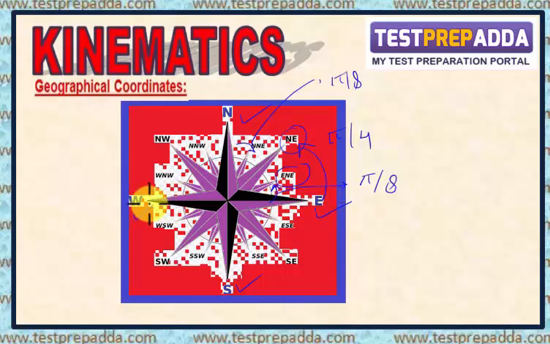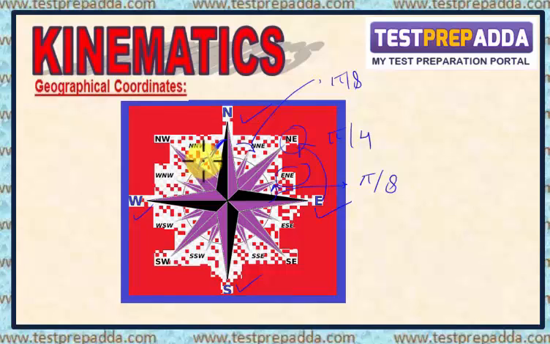Similarly, this is west, this is northwest. You can move towards the west of northwest or north of northwest. Again, angle wise, if you want to measure this angle, this is pi by 8.